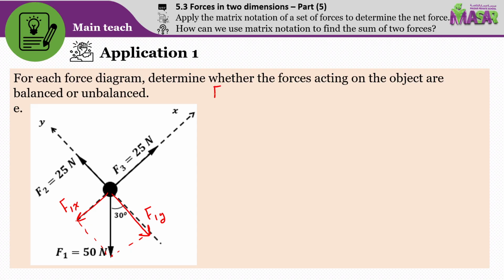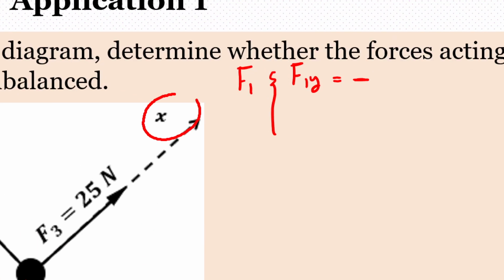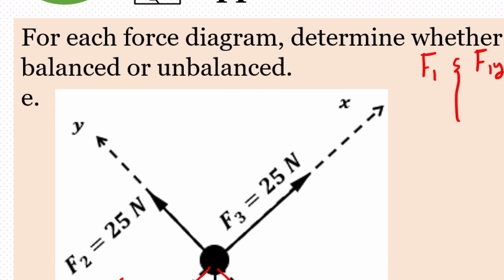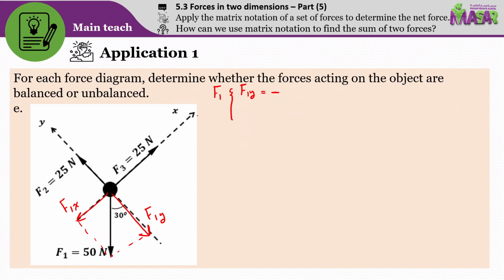So let me write here that F1 can be decomposed into F1y, which is equal to minus, because it's acting in the negative direction according to the labels. This direction is the positive, and that direction is the negative. By the way, this way of representation is called the cross representation. The previous one is similar to the plus, which is why it's called the plus representation.